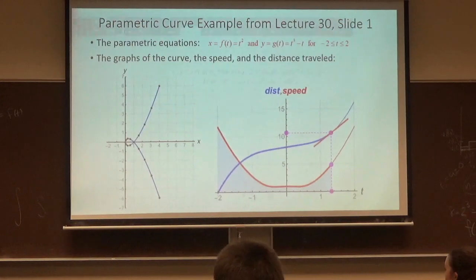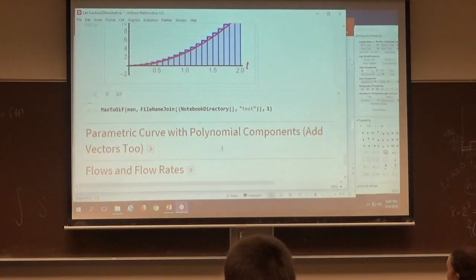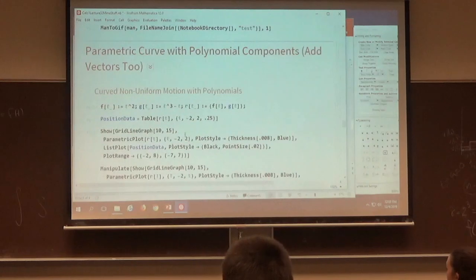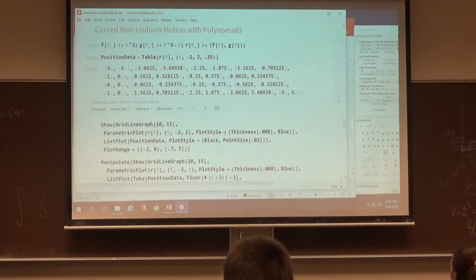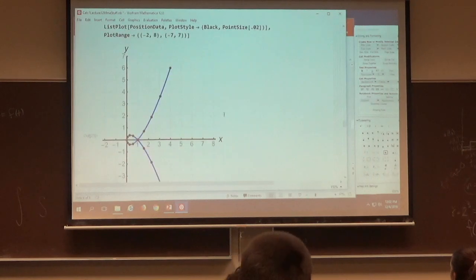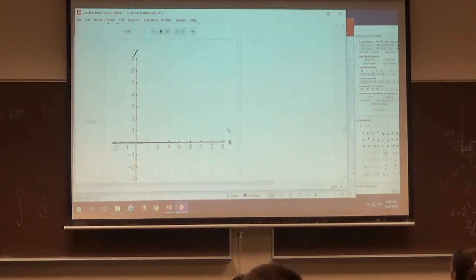Let's look at this in Mathematica. Again, I'm not going to test you on this kind of Mathematica stuff. There's the graph of the parametric curve. Here I decided to make a Manipulate showing the motion.